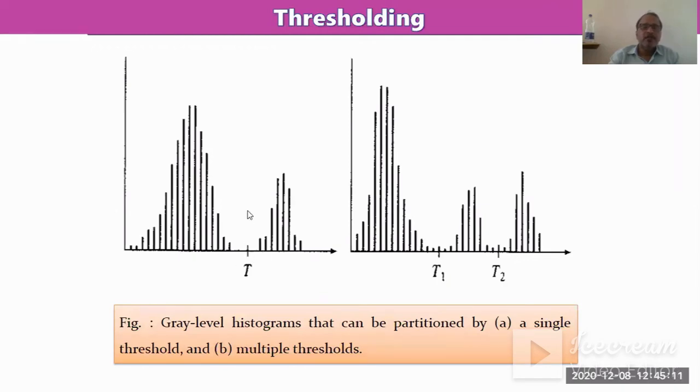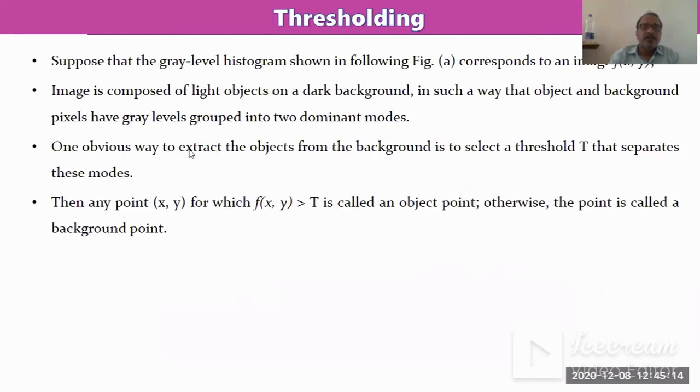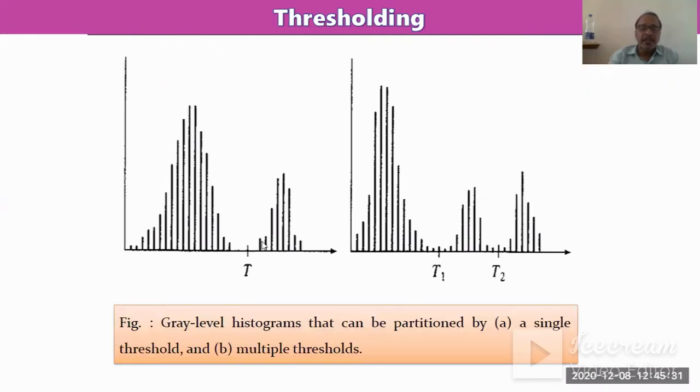One obvious way to extract the object from the background is to select a specific threshold value t that separates these modes. Then any point xy for which f of xy is greater than t is called an object point. Otherwise, the point is called a background point. If the value is less than this t, that will be treated as a background point, and the value which is greater than this t is considered an object point.